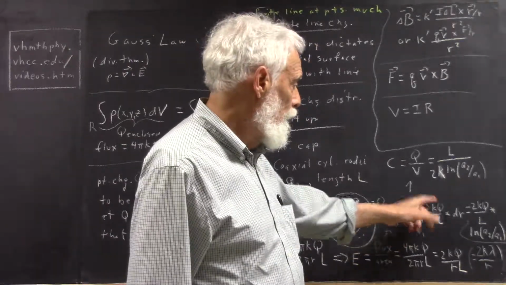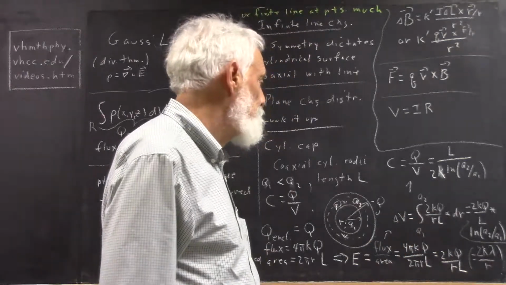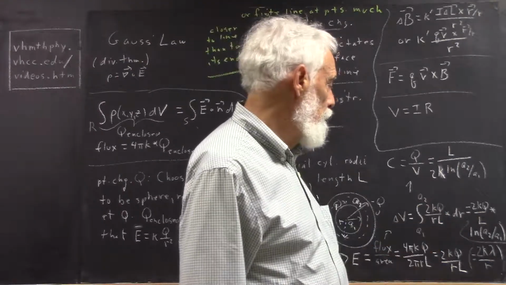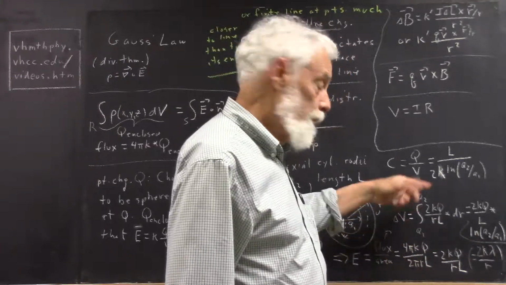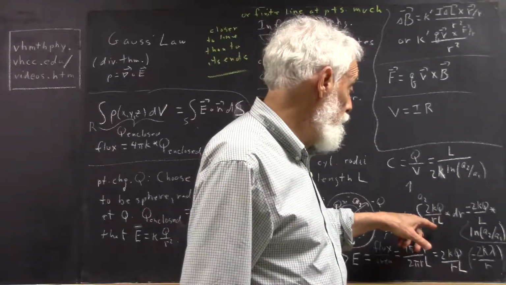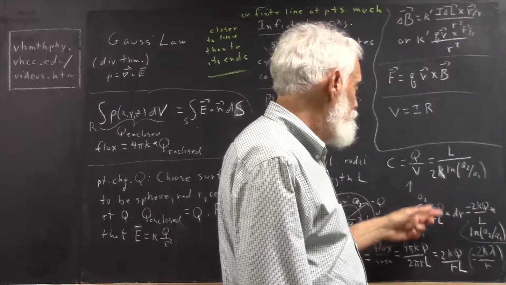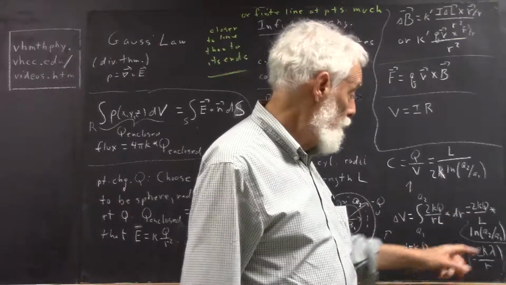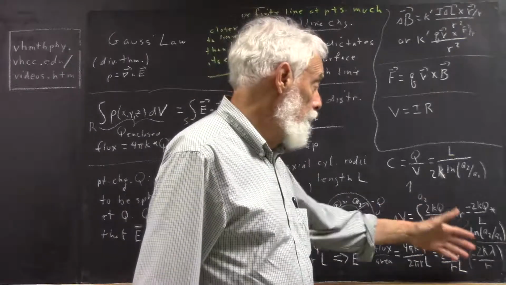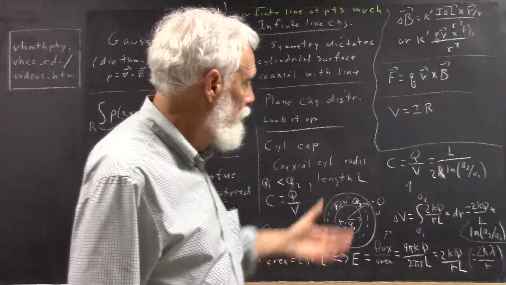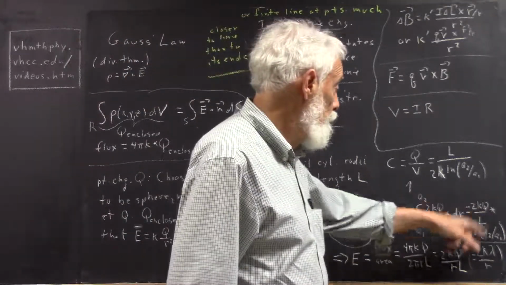So we end up with this integral, 2kq over rL. I'm using the q over L instead of the lambda, which is perfectly legitimate. And this integral you can easily verify. The 2k over L just comes out of the integral. That's all constant. And you're integrating then 1 over r dr from A1 to A2. That gives you the natural log of A2 over A1. So it's a very straightforward integral, and hopefully an intuitively obvious thing to integrate here. So there's our voltage change.